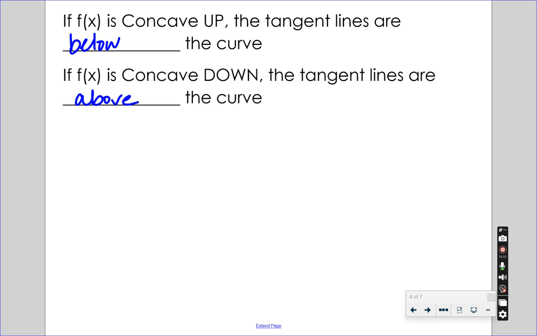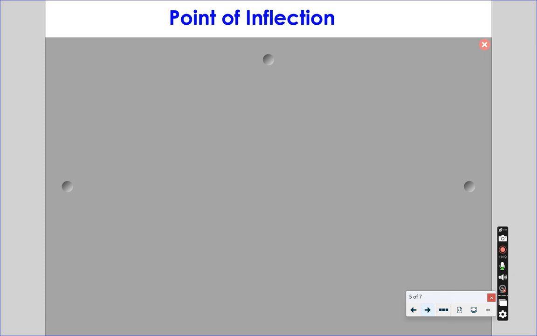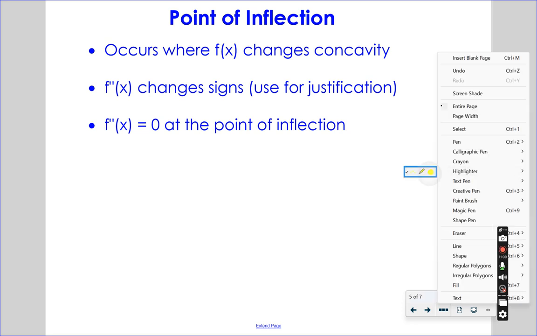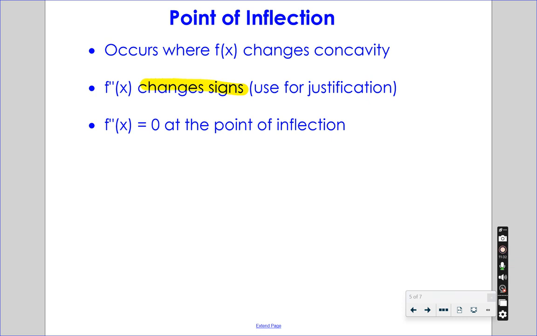All right. Point of inflection. Whoop, there we go. Occurs when f of x changes concavity, f double prime of x changes signs. This is what we're going to use as our justification for a point of inflection. It's where f double prime of x changes signs.